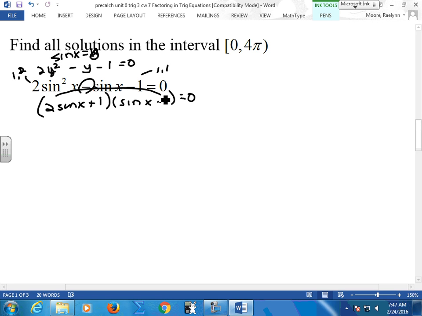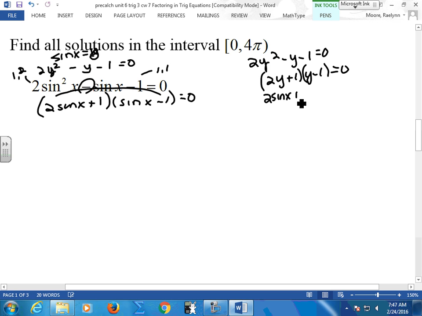If it helps you to do it this way first, and you say 2y plus 1, y minus 1, then go back and put the sine in it, if it helps you to see that better. Okay, so now, again, we could take both factors and set them equal to 0.